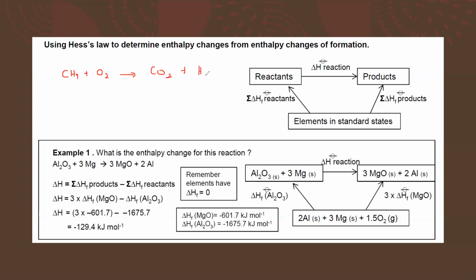The equation must be balanced, so for a combustion equation, balancing starts with carbon, followed by hydrogen, and at the last oxygen. And in the question, the enthalpy change of formation is given.